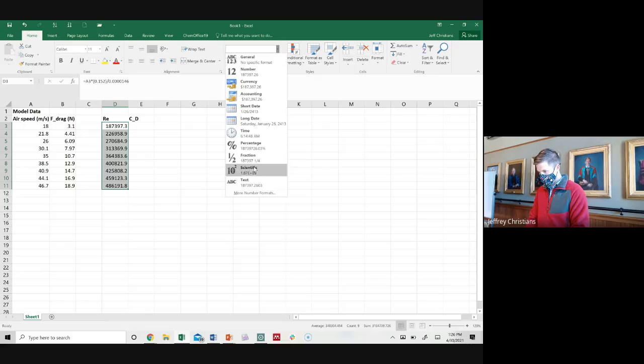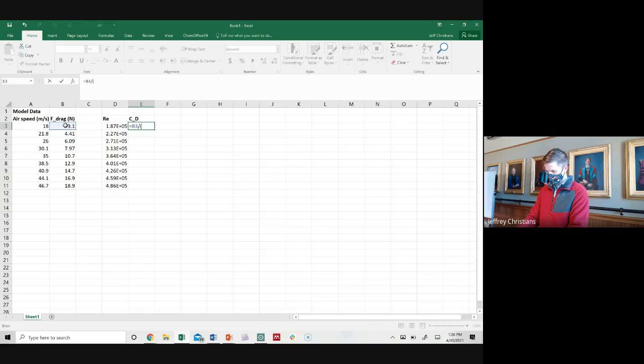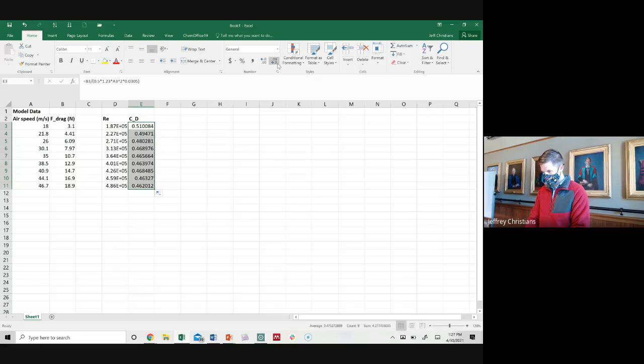And then we'll calculate the drag coefficient, which is equal to force divided by 0.5 times density times velocity squared times our area, which was 0.0305.